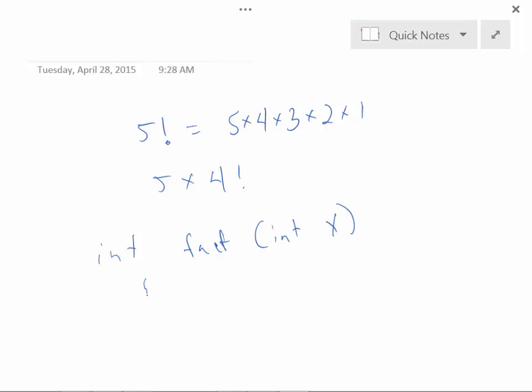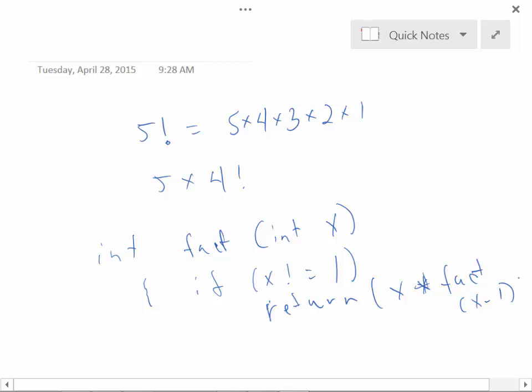If x is not equal to 1, return x times factorial of x minus 1.